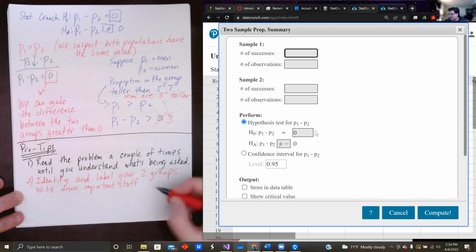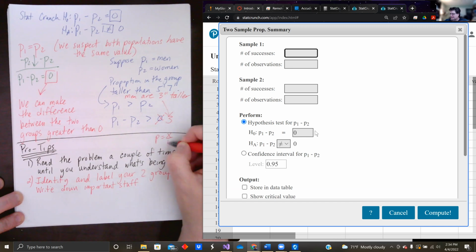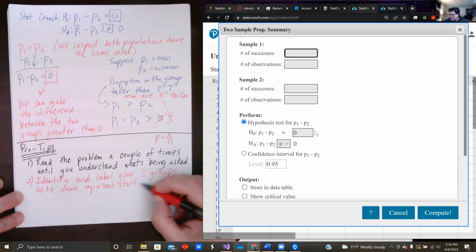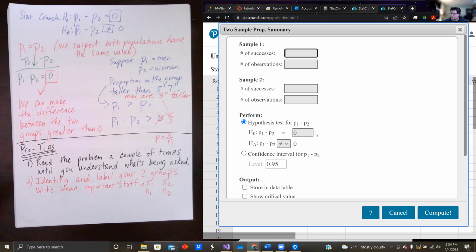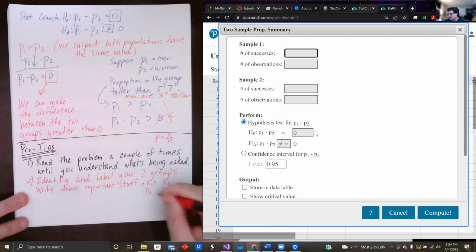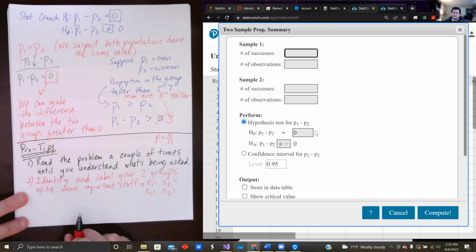I know I need a population or a proportion, which is X over N. So I need to do a proportion test. I need an X and an N for each group, so an X1 and an N1 and an X2 and an N2. Maybe write down what those values are, but definitely label your group.